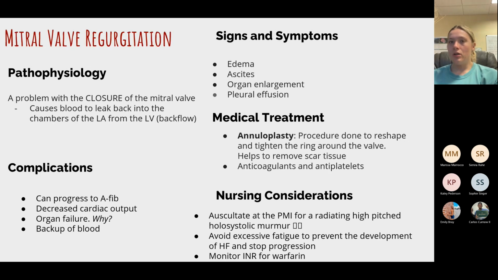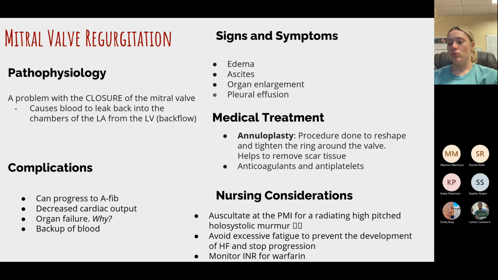Mitral valve regurg, again, same concept. There's an issue with backflow. And we're talking about surgical treatment. We can actually opt for an annuloplasty to help tighten and help that ring stay closed, okay? So what are we going to auscultate for mitral valve regurgitation?